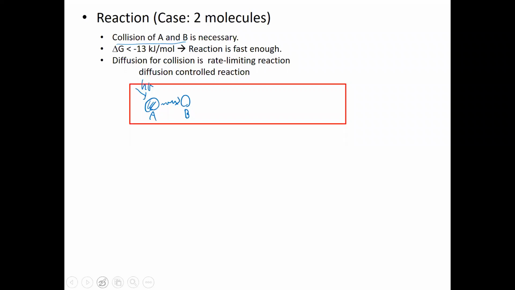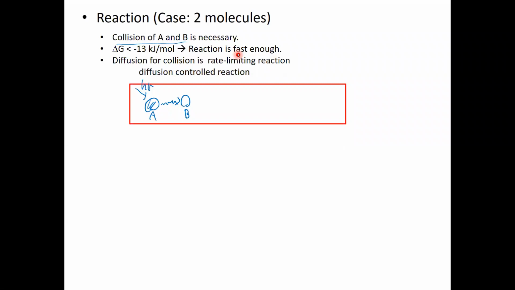To understand this, consider a criterion: for this reaction, the Gibbs energy difference is about 13 kilojoules per mole. In this case, it's a downhill reaction, so energy is released in the reaction, and the reaction is fast enough.